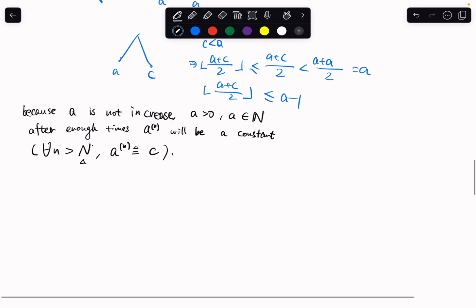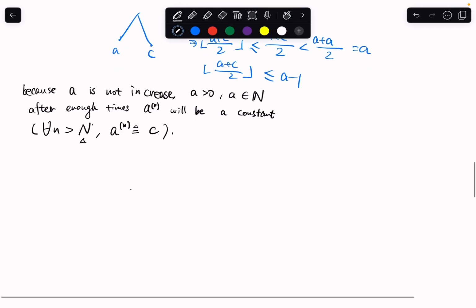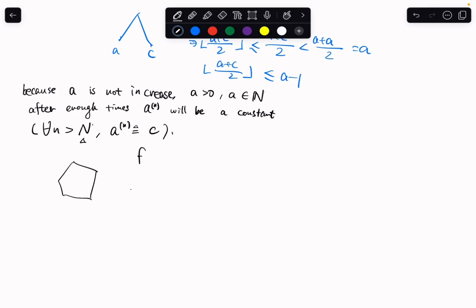Then we can use that because this is C, there must be one of them C, and at first we can find the odd cycle.